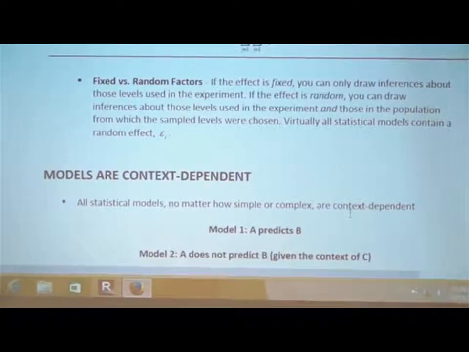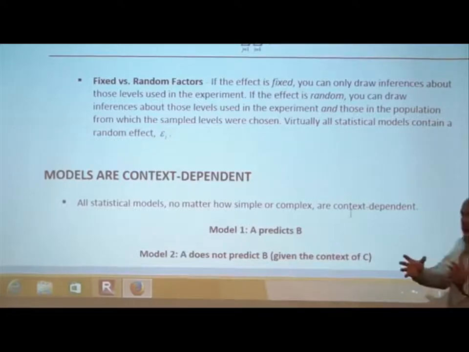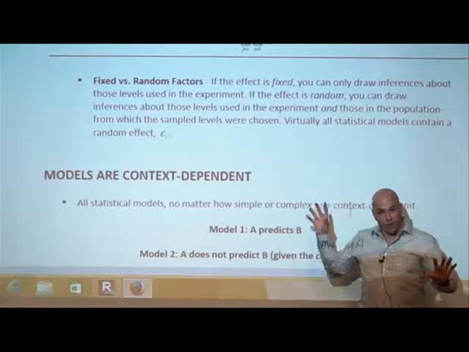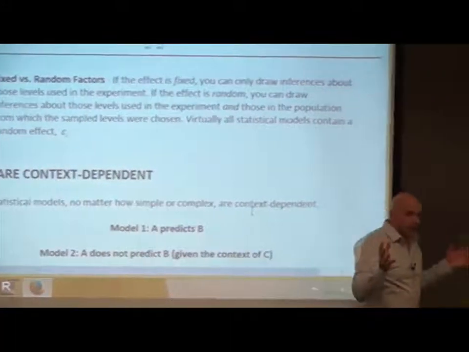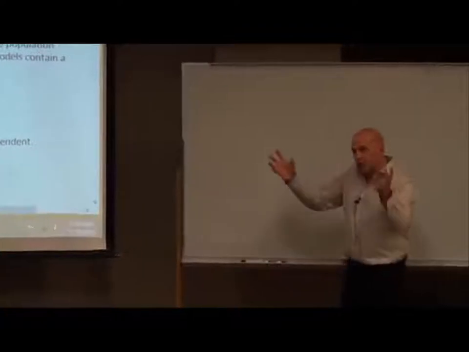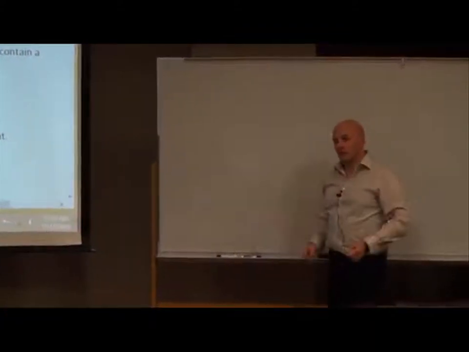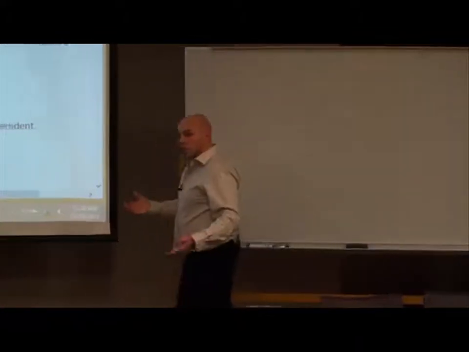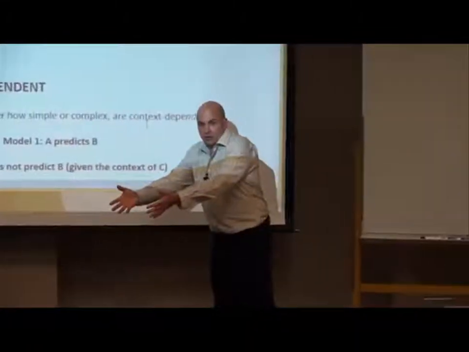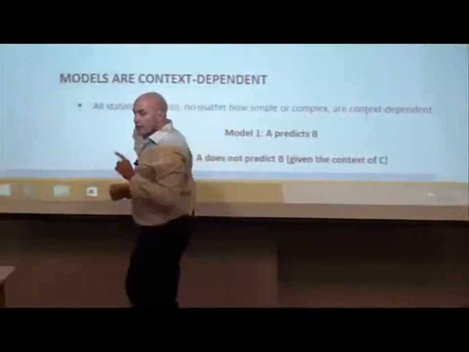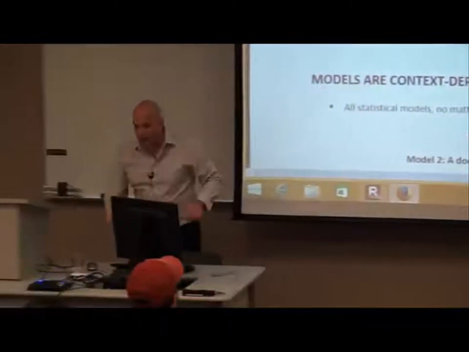More times than not, in results and discussion sections, people start off with the fixed effects model, so they only say they're going to talk about these 4 teachers, and then in the discussion they say, therefore, there's different amounts of achievement for different teachers. Well, that's not true. There's different amounts of achievement for these particular teachers, if it was specified as a fixed effect. So that's important to see if it's fixed or random.